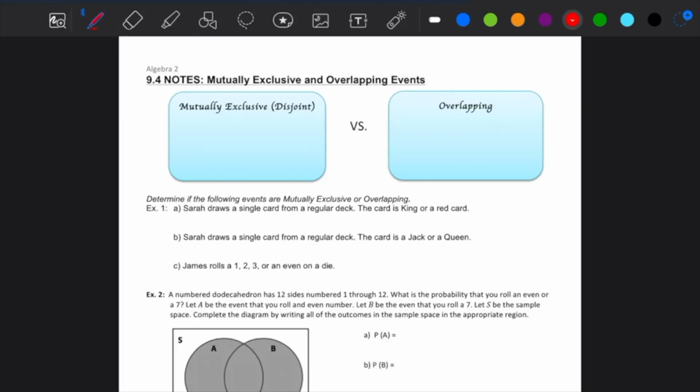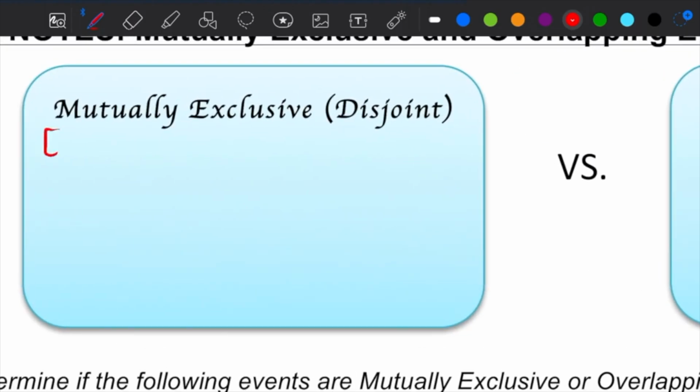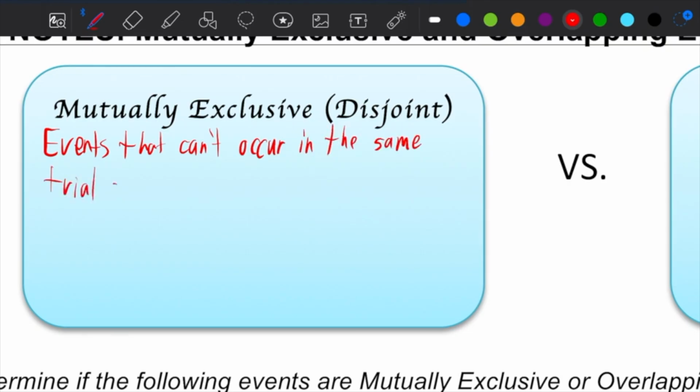Welcome everybody to Algebra 2, Section 9.4, Mutually Exclusive and Overlapping Events. So mutually exclusive or disjoint events are events that can't occur in the same trial of an event, aka they can't occur simultaneously or at the same time.